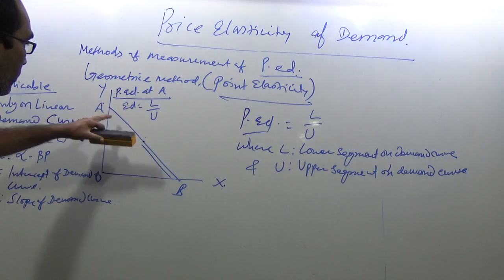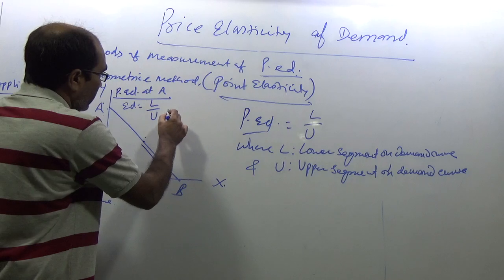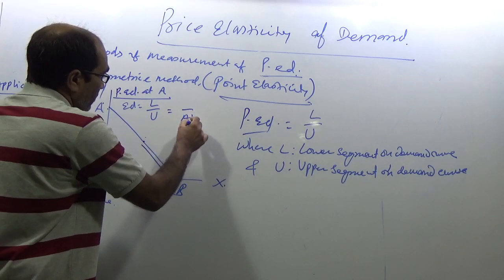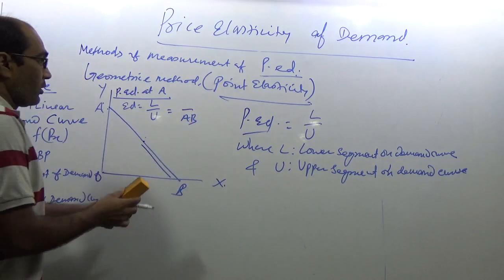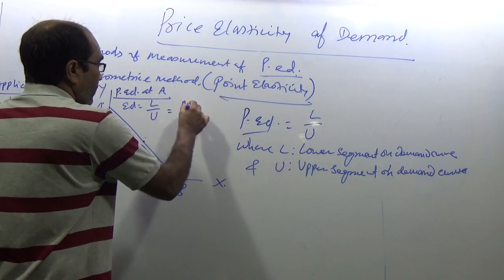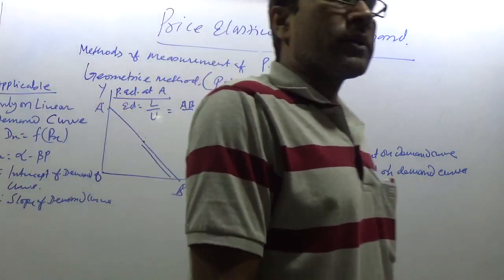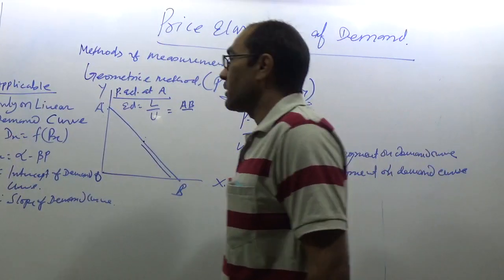From point A to B, the entire AB is the lower segment and the upper segment from point A is nothing.